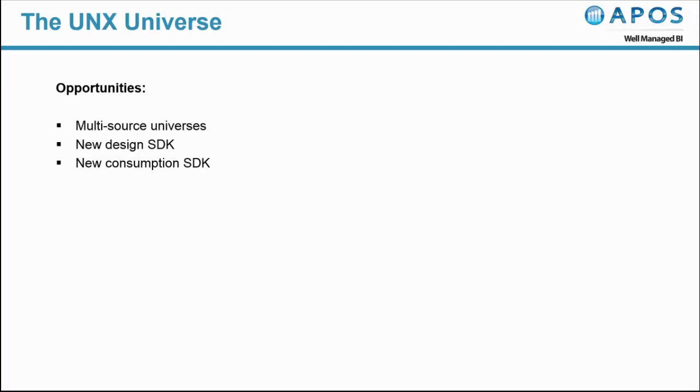There is now a new design SDK, so the ability to modify universe design programmatically. This opens up many areas and makes it a much more flexible and agile solution. There's also a new consumption SDK, so this will allow developers to control the manner in which the data is used by the report. So a lot of good opportunities here with the capabilities.